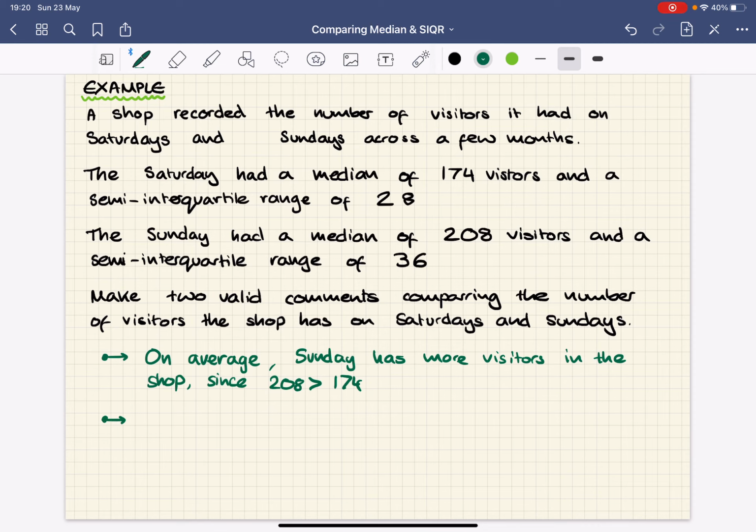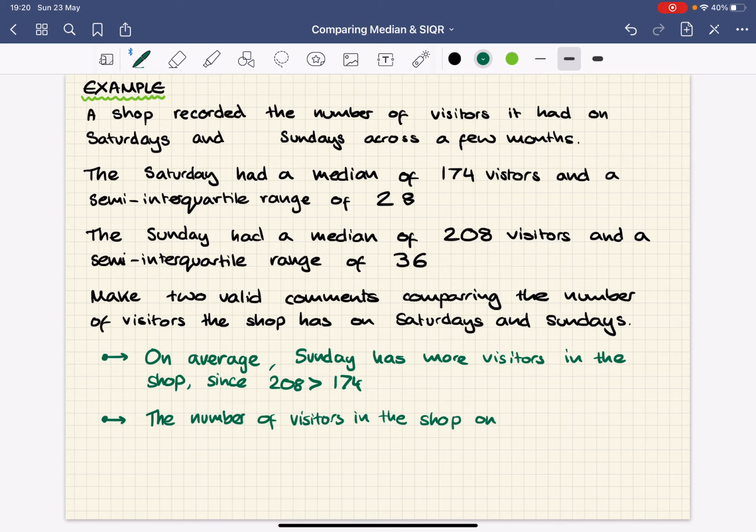And then now I want to compare my semi-interquartile range. So on Saturday it has 28 and on Sunday it is 36. So I'd say the number of visitors in the shop, and the one that's more consistent is going to be the Saturday because it is less.